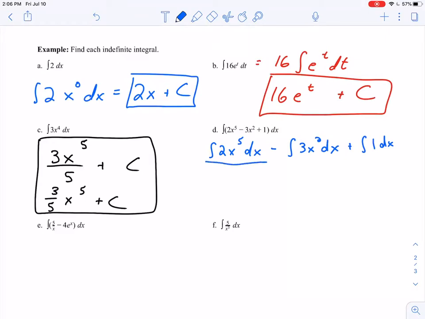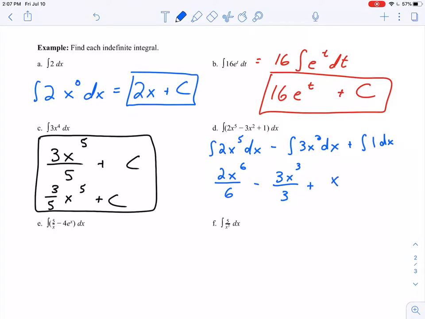So here, the antiderivative of this guy would be 2x to the 6th divided by my new power of 6, minus over here 3x to the 3rd divided by my new power of 3, plus here, remember this is a constant, it's going to pick up a factor of x, so this is really just plus x, and then plus my constant of integration c.